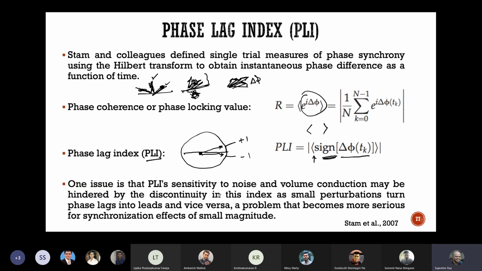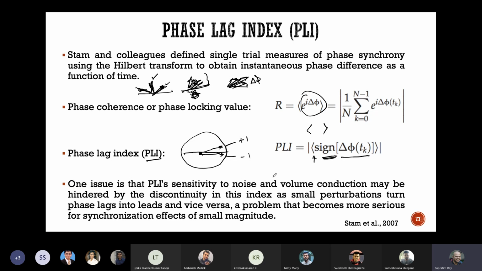So this index is discontinuous around zero. A little bit on this side makes it +1 and a little bit on that side makes it -1. So it's very sensitive to noise when the actual phase difference between two signals is close to zero.